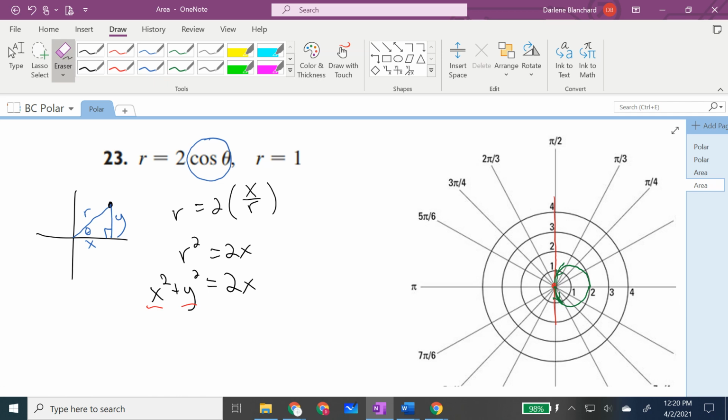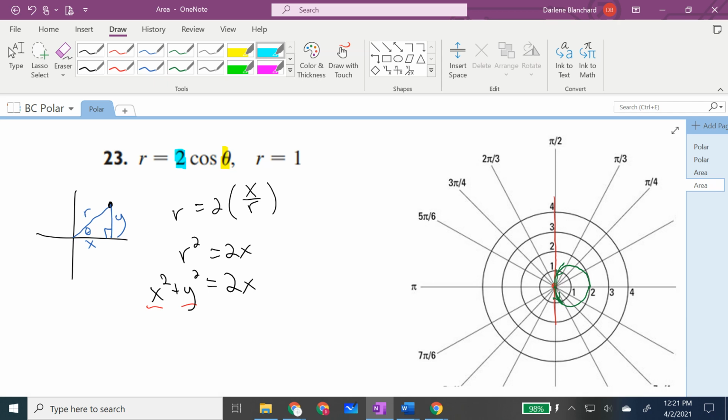What I want you to be aware of is if you don't have addition going on and you don't have any kind of multiplication with the theta, so no addition, subtraction, the only multiplication you might see is a constant multiplied to either sine or cosine.